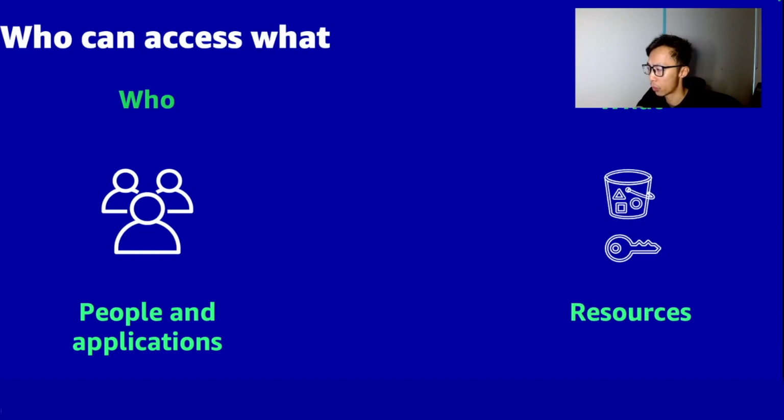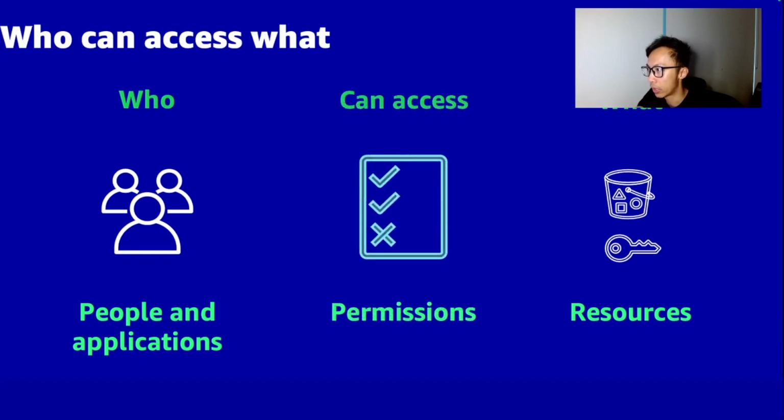On the right hand side, we also have the resources. Basically, those are the resources sitting in your AWS environment that need to be controlled for access using IAM. In the middle is the main part of IAM, which is to control the permission for who can access what. And of course, sometimes you can define conditions to really nail down the scenario for those principals to access your environment, to make it safer.